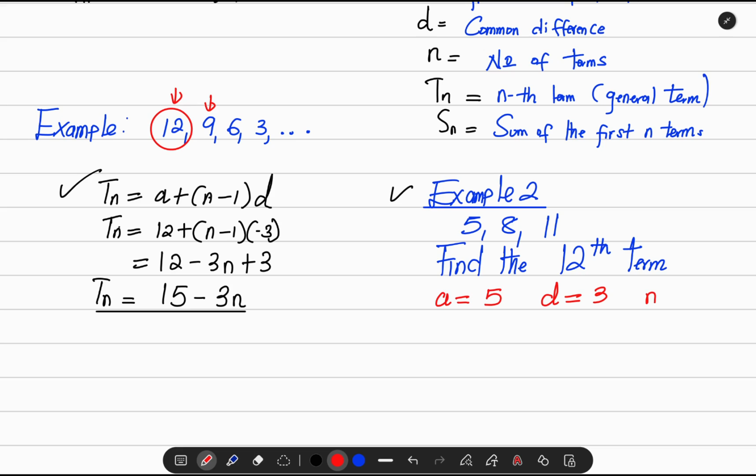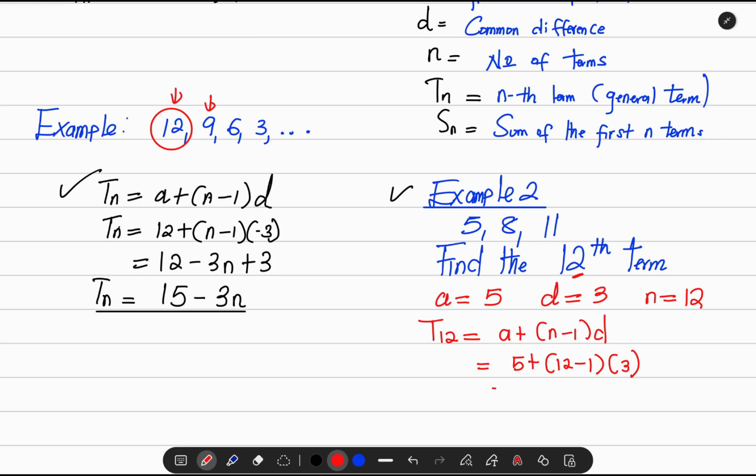What about n? N is 12 that we are finding here. Meaning our 12th term will be equal to a plus n minus 1 multiplied by d. A is 5, n is 12 minus 1, d is 3.